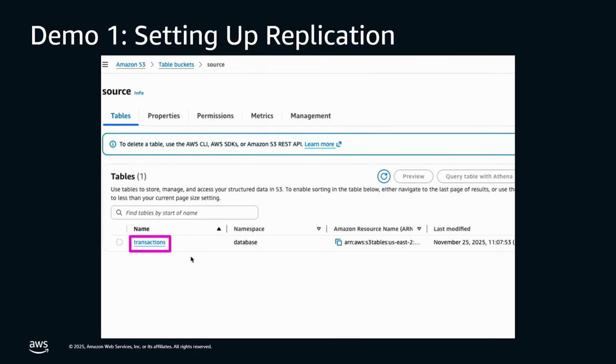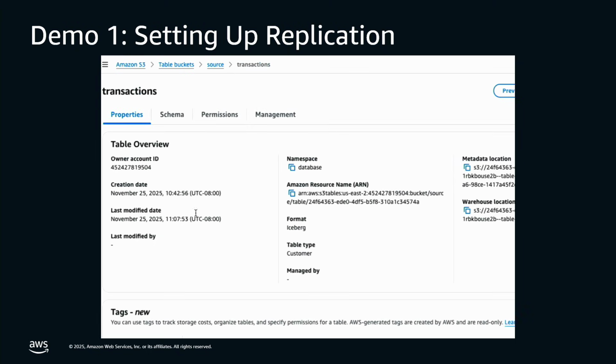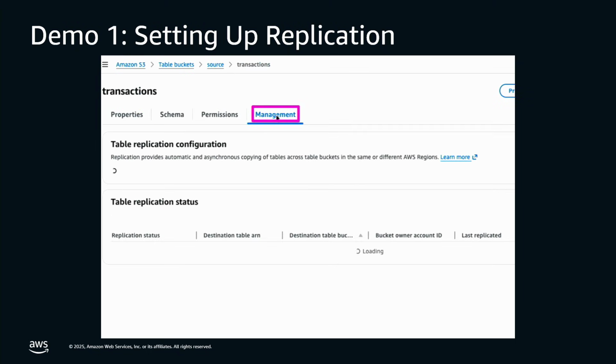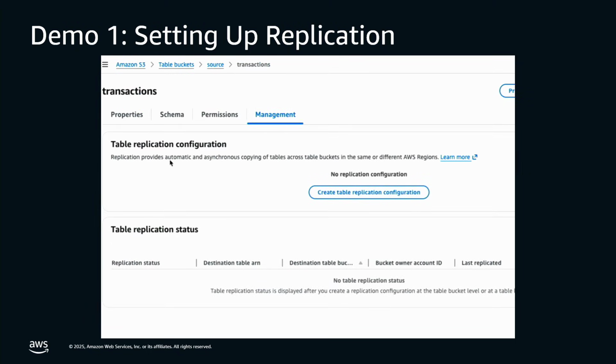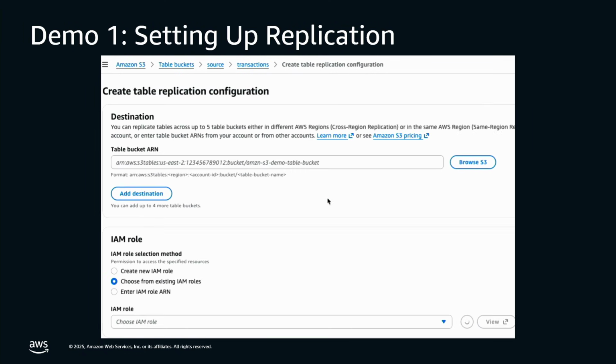We'll go back to the source table, which is transactions, click on it, and go to the new management tab. Here we can define a table replication configuration to replicate exactly that one table. We'll click on Create Replication Configuration, and here we'll specify the parameters. The first one is the destination table bucket.